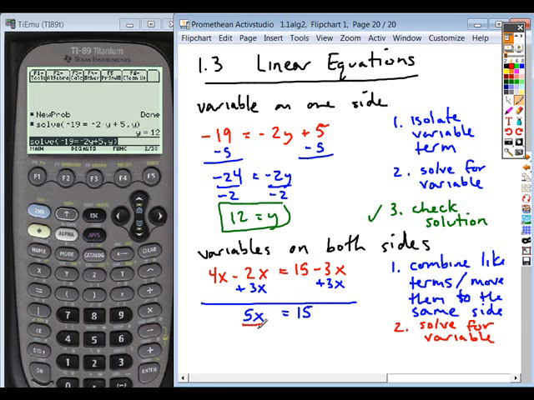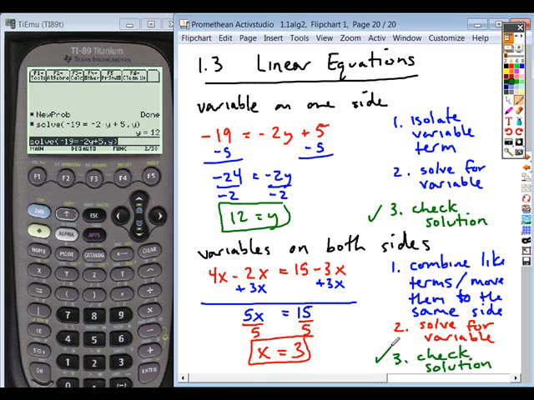Okay, so to solve here, we undo the operation. We had multiplication by 5, so to undo that, we divide both sides by 5. We get our solution to be x equals 3. Once again, if you have the opportunity, check your solution.